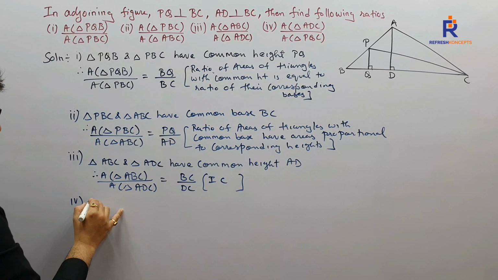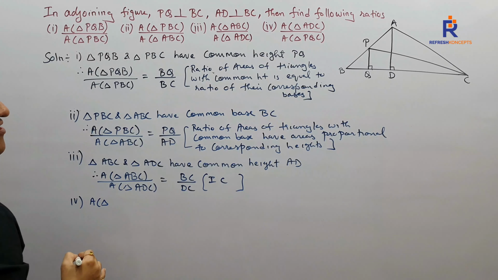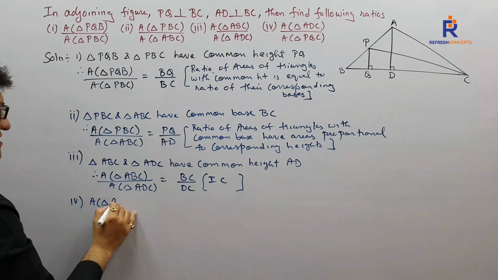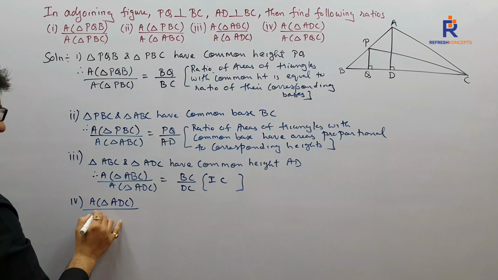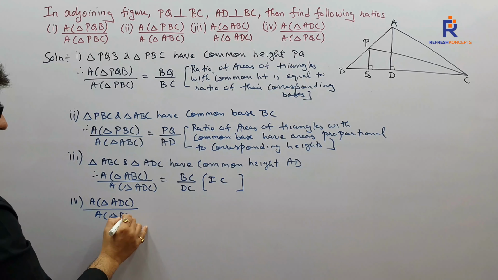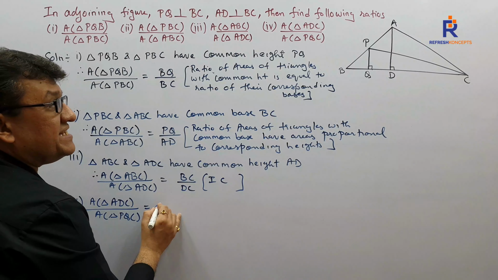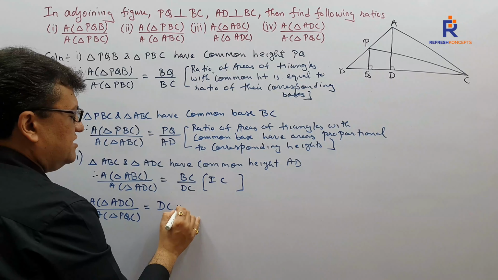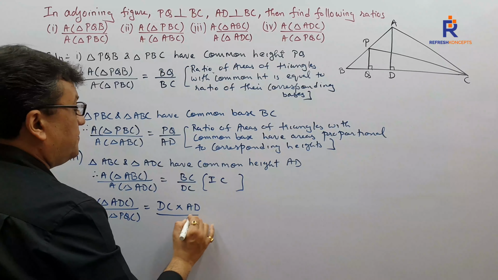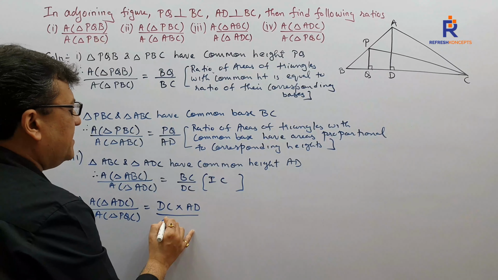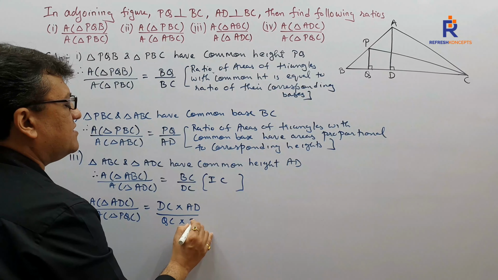So the direct answer is area of triangle ADC upon area of triangle PQC is equal to, for ADC the base is DC and height is AD, so DC into AD. For PQC the base is QC and height is PQ.